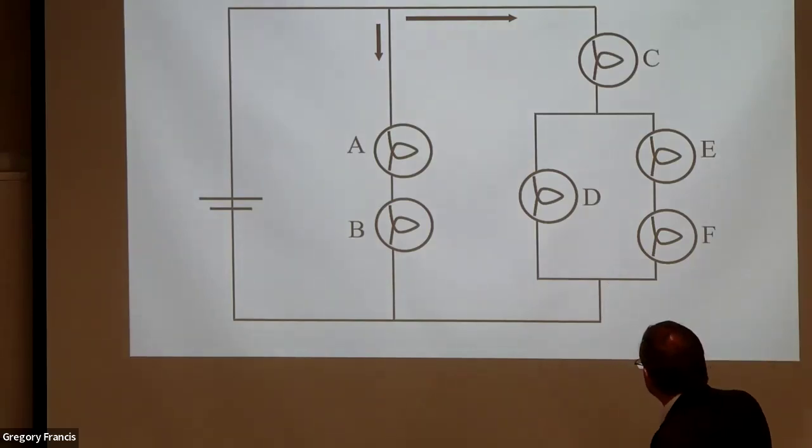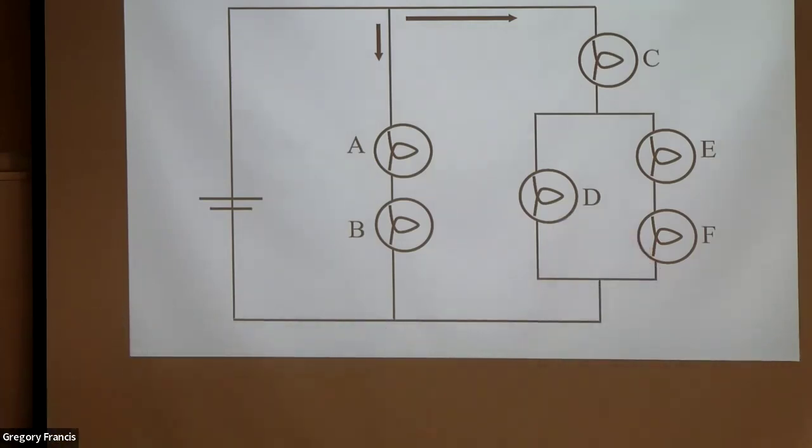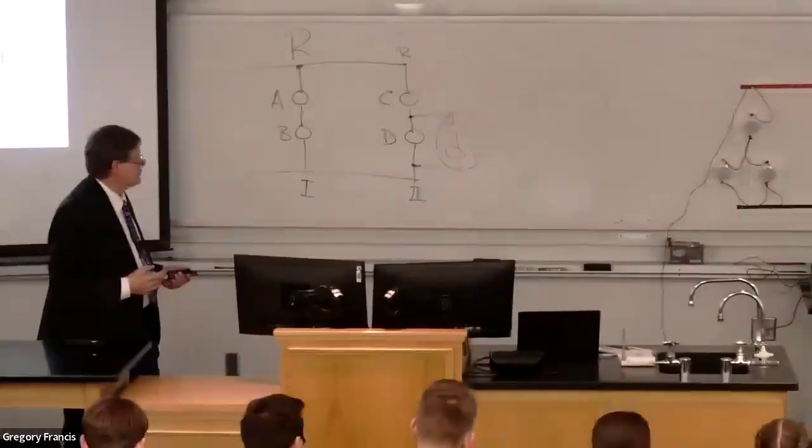Now, if I compare C and D, tell your neighbor which one's brighter and why. Justify your answer. Yeah, it won't be pretty bright and steep, but it'll be brighter. I hope what you told your neighbor was C gets all of the current through branch 2, and D just gets part.